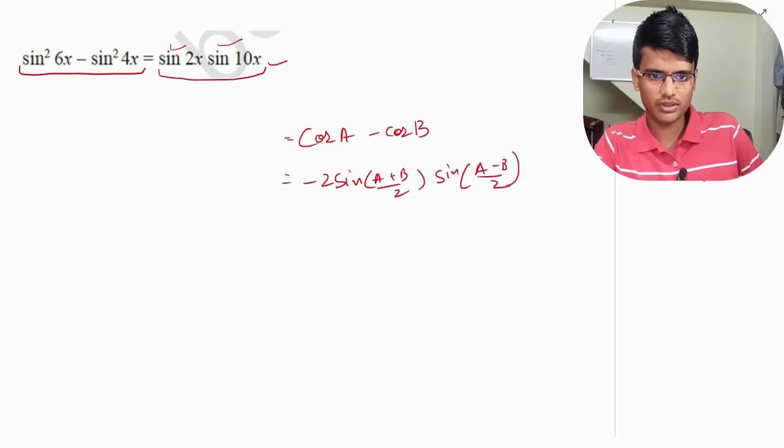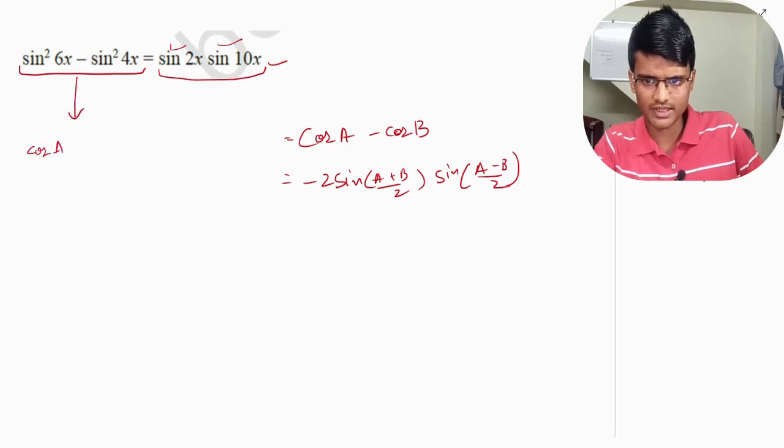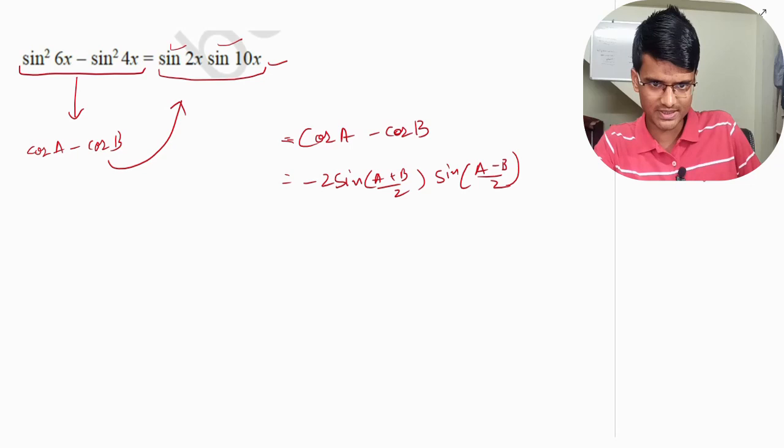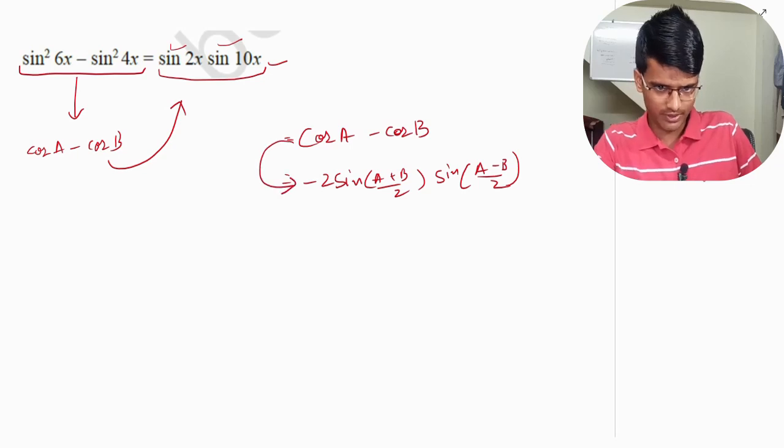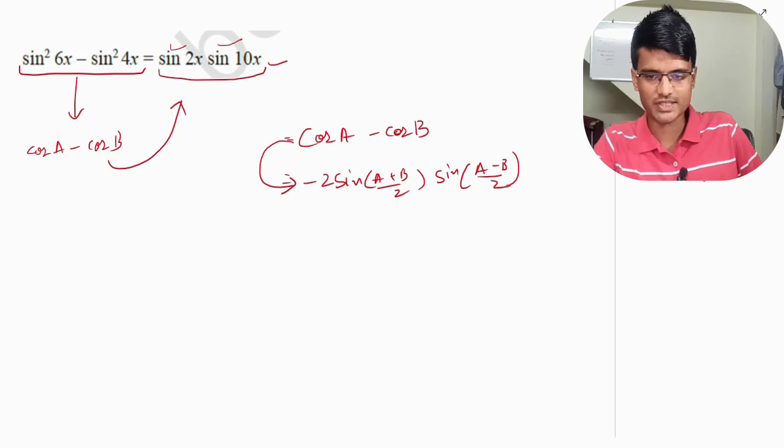So if I can express this LHS in terms of cos A and cos B, somehow I can reach here, because I know this can be expressed in this form. So if I'm able to express my LHS in terms of cos A minus cos B, I can arrive at my RHS. So this is the thought process that you need to have.